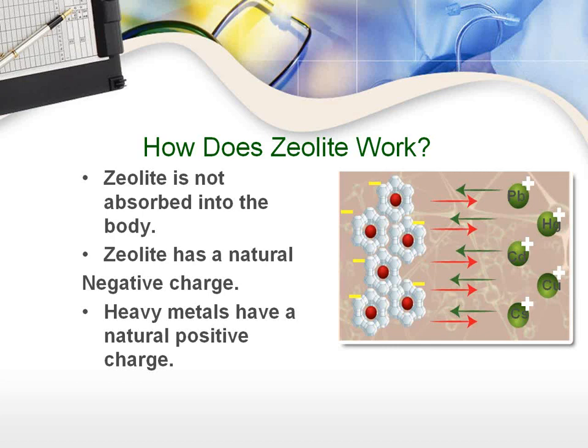So zeolite can actually even attract heavy metals in the bloodstream, but it is not absorbed. That's what makes it so safe. And so once it attracts these heavy metals, it traps them in this honeycomb surface, holds on to them like a sponge holds on to water, and carries them out of the body when you excrete your stool. So it is a wonderful detox agent.